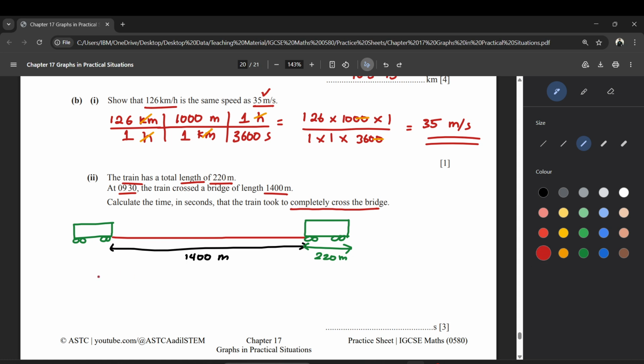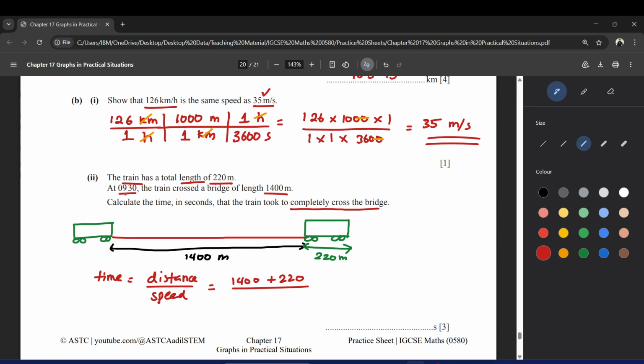So that means if I now apply the formula, time is equal to distance over speed. The distance is going to be 1400 plus 220, and the speed is going to be 35, right?